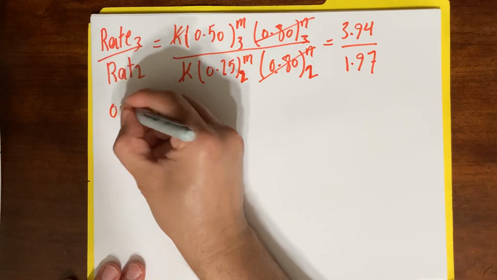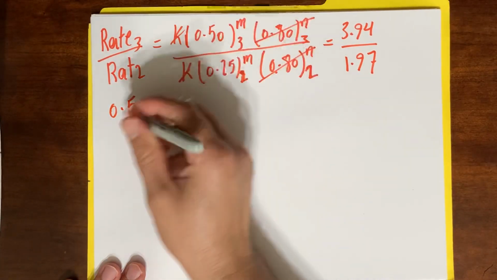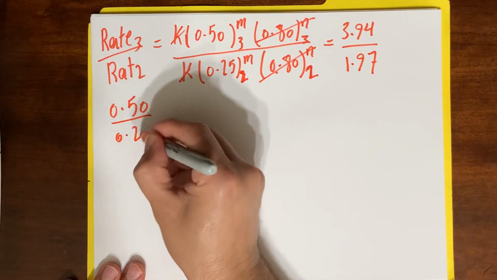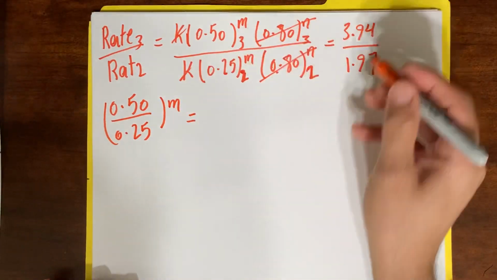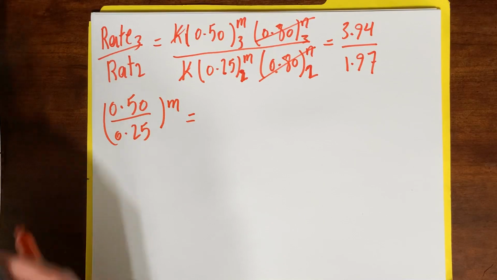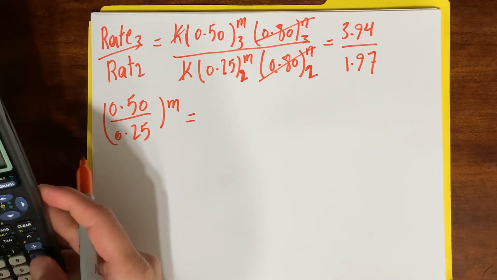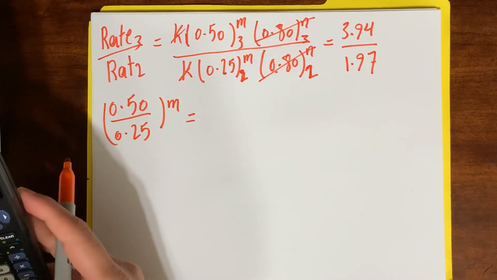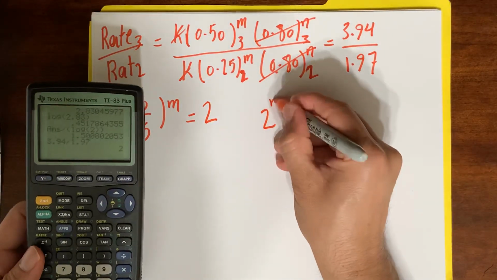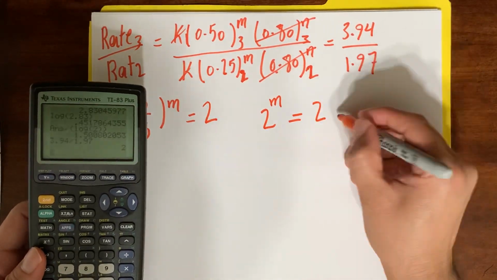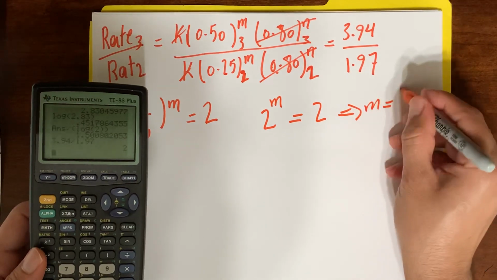We get 0.50 divided by 0.25 to the power of m equal to 2. 3.94 divided by 1.97, this is 2. 2 to the power of m equal to 2, so that means m is going to be equal to 1.